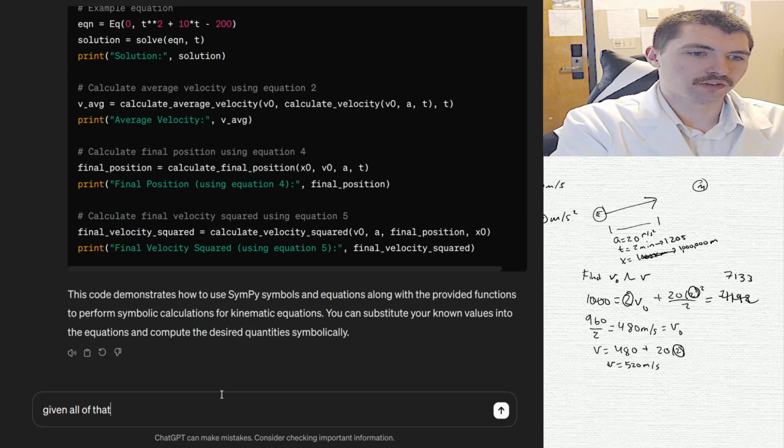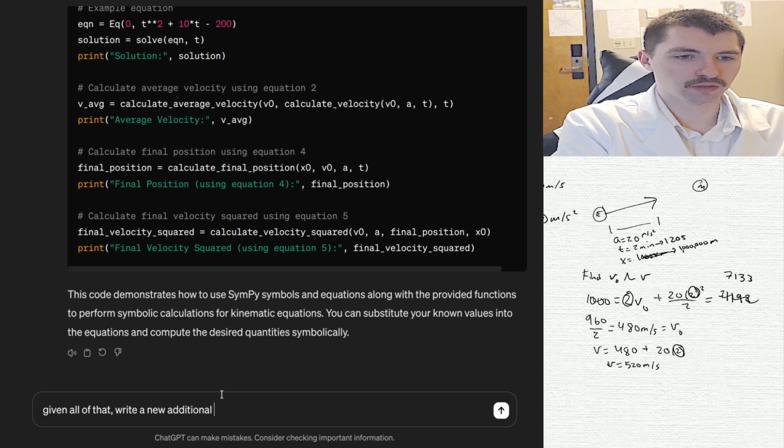Given all of that, write a new additional function that does this, which finds the initial velocity given.